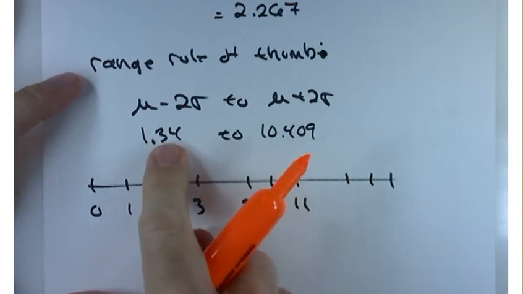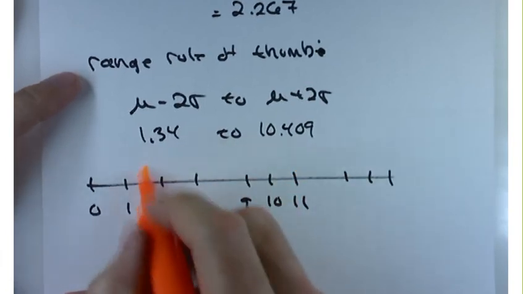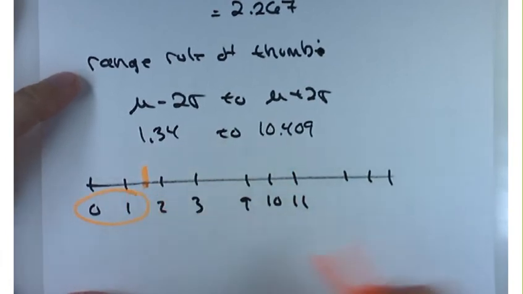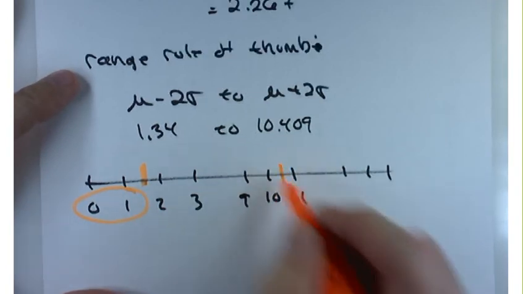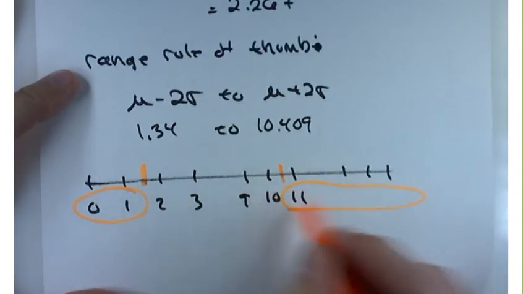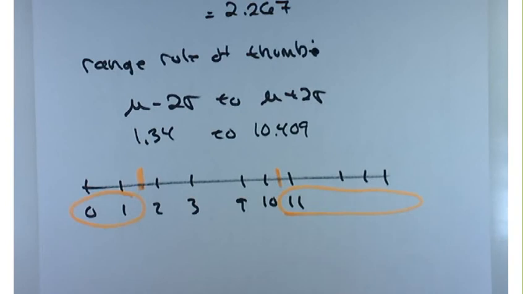Anything below 1.34. So that would be these two. Anything 11 or higher. All right. So anything between 10 and 9 would be okay. That's kind of what you expect.